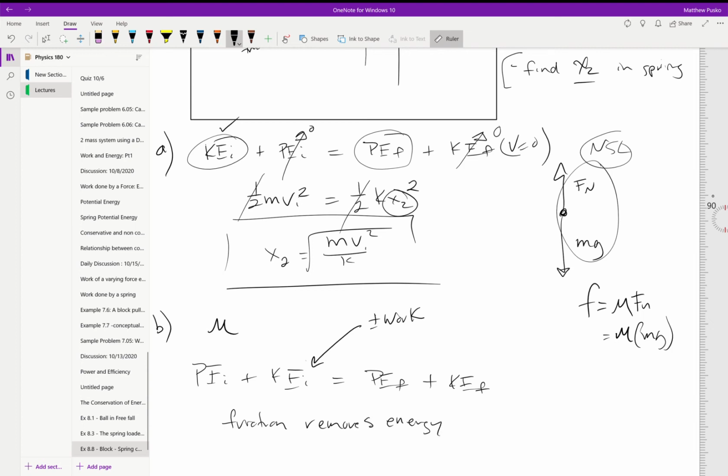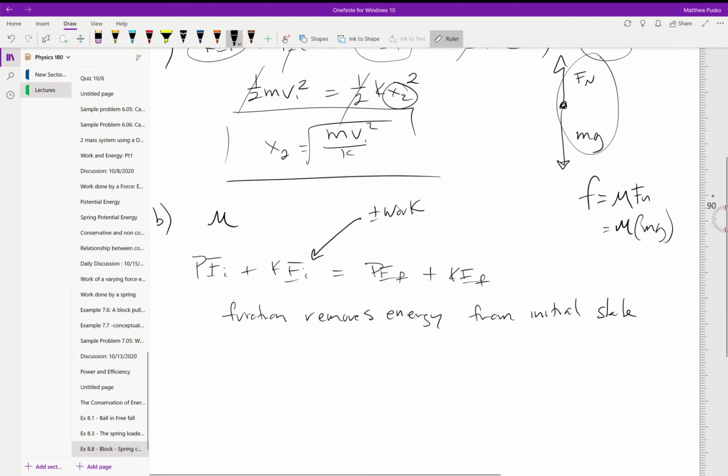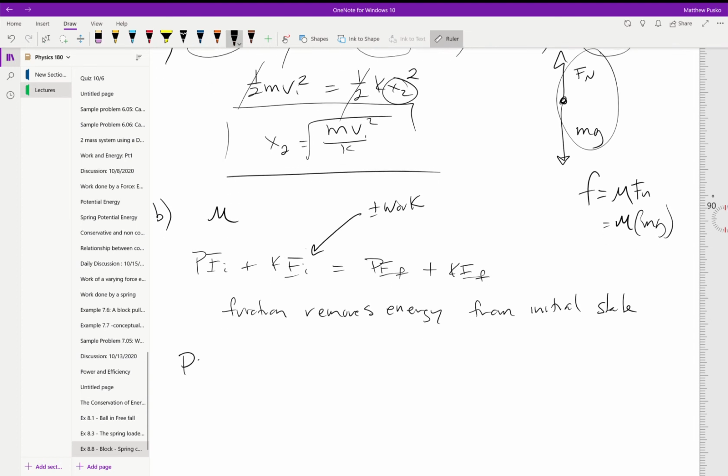That's how I think of it. So I would say the potential energy initial plus the kinetic energy initial minus the work done by friction is equal to the potential energy final plus the kinetic energy final.